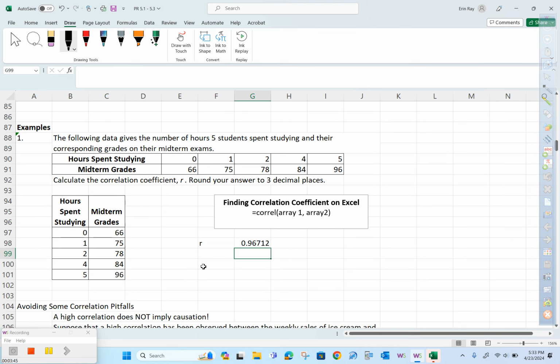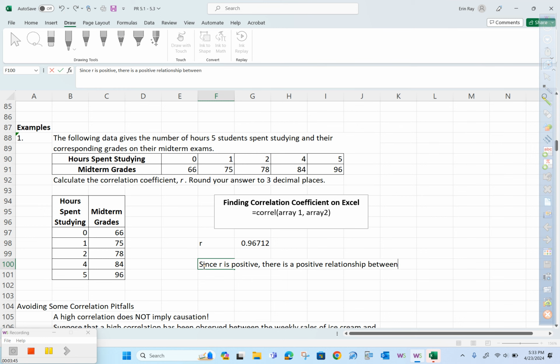Okay, so what we're going to do is actually interpret this just for practice. Since R is positive, there is a positive relationship between hours and midterm grade. Okay.